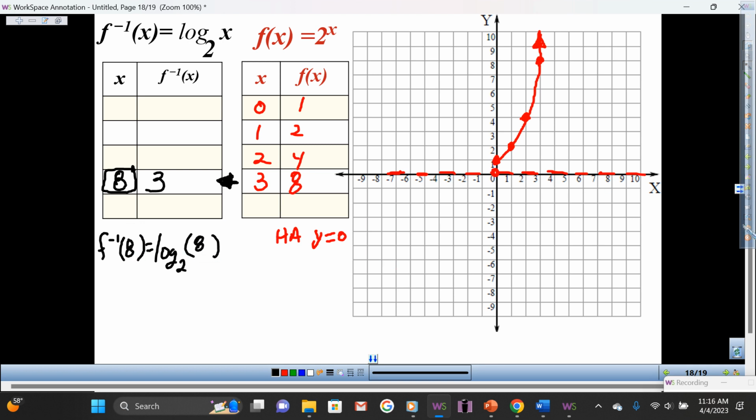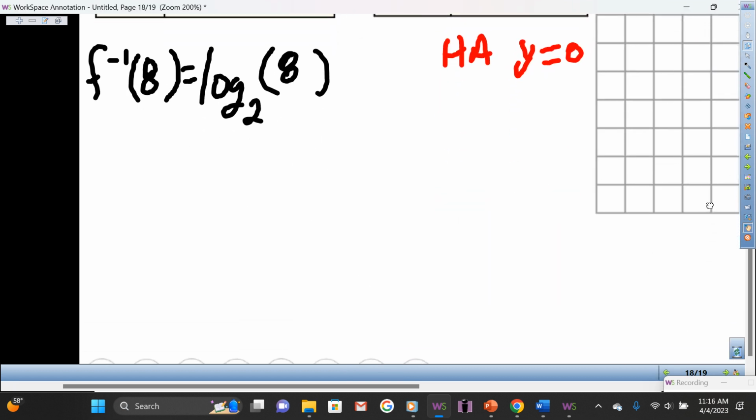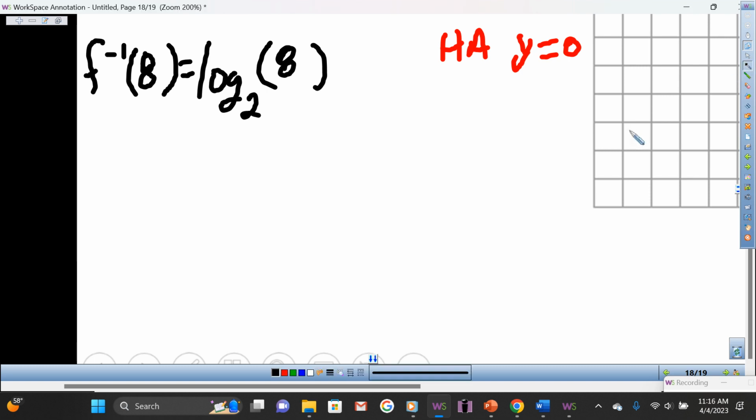Let me zoom in. Okay, according to last night's homework, we know what to do next to solve. What would be my next step right here? Everyone, what would be my next step? Change to y, yeah. So this is log base 2 of 8.